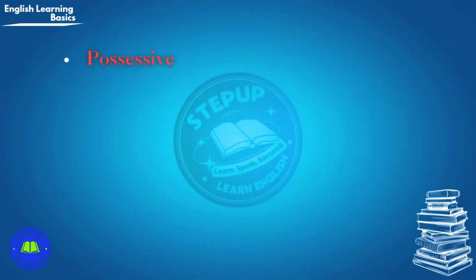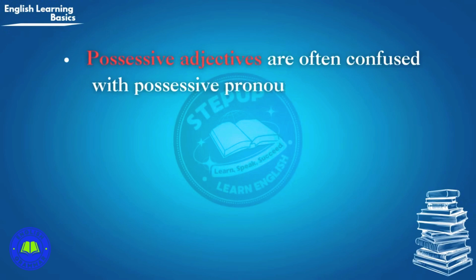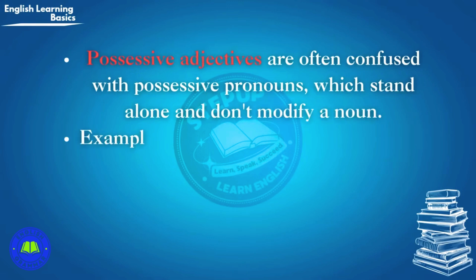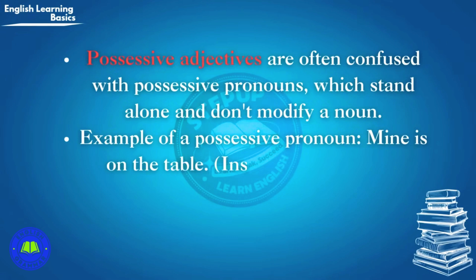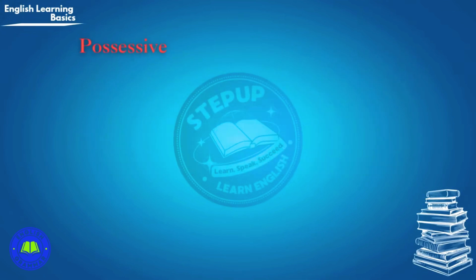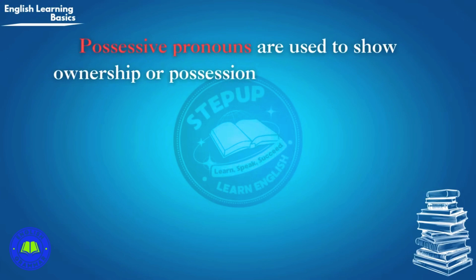Possessive adjectives are often confused with possessive pronouns, which stand alone and don't modify a noun. Example of a possessive pronoun: Mine is on the table, instead of my book. Possessive pronouns are used to show ownership or possession, just like possessive adjectives.